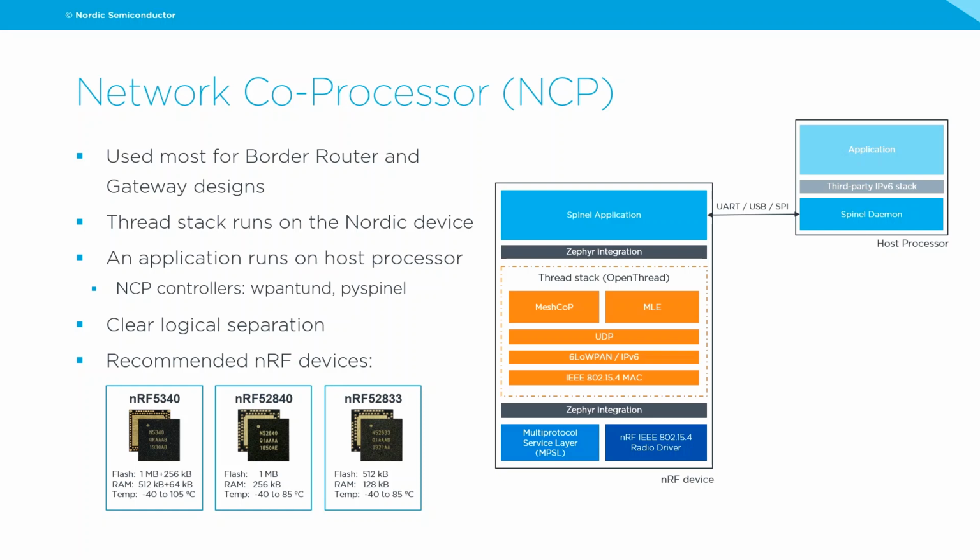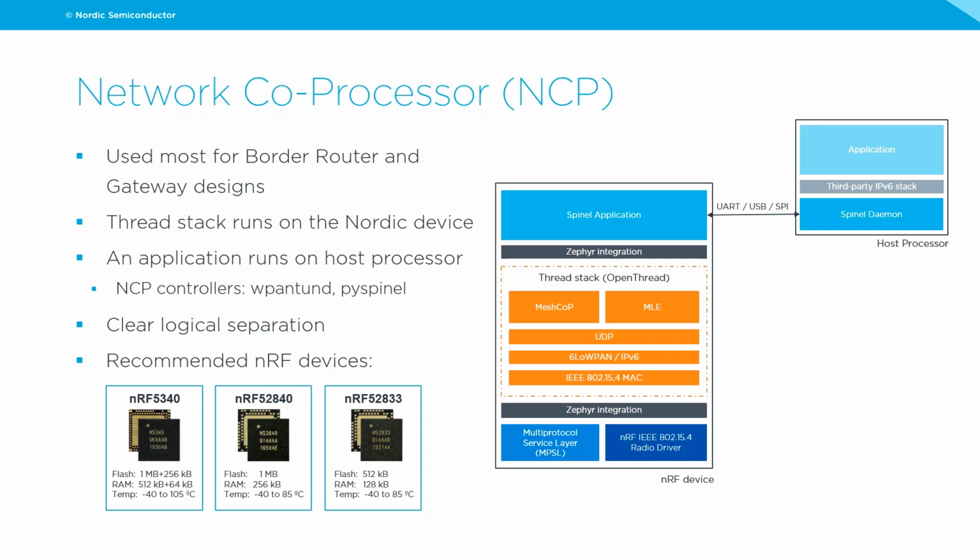Nordic also supports coprocessor designs, where next to our Nordic device, a more powerful host processor is used, typically running the Linux operating system. The standard network coprocessor, or NCP, design has Thread features on the Nordic device and runs the application layer on a host processor. Typically, this host processor is more capable than the nRF device, although it has a greater power consumption.